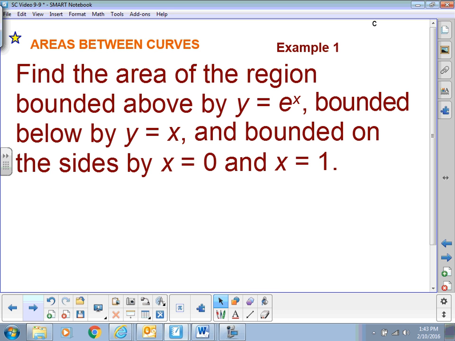So let's look at an example. We want to find the area that's bounded by e to the x and y equals x. So e to the x, they're telling us, is the bound above, and y equals x is going to be the bound below.